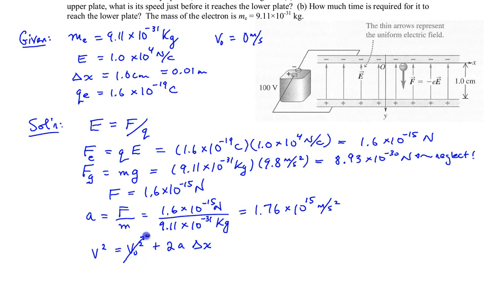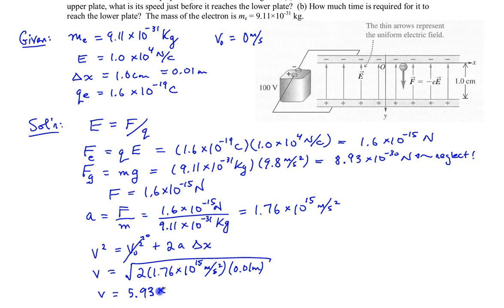The initial velocity is 0, so we can cancel that out. So v would be equal to the root of 2 times that acceleration, 1.76 times 10 to the power 15 meters per second squared, times the distance it moved, which is 0.01 meters, and the square root of all that will give us 5.93 times 10 to the power of 6 meters per second. And so that's the answer for A.